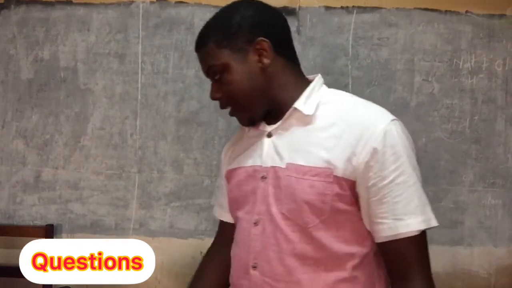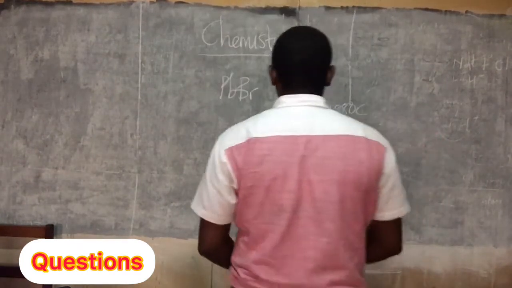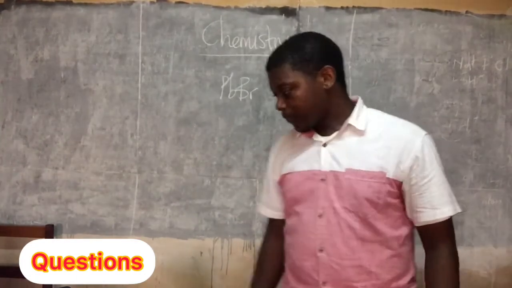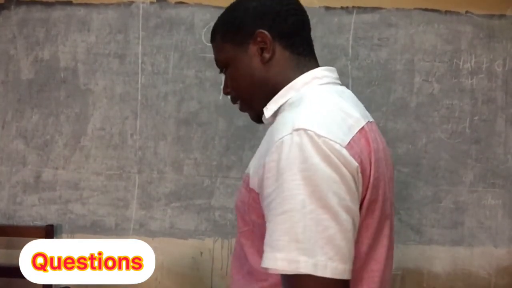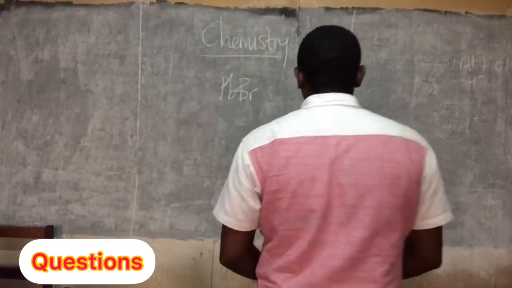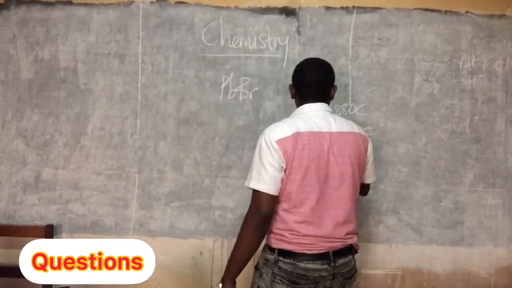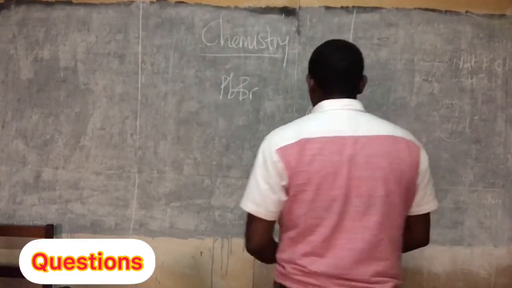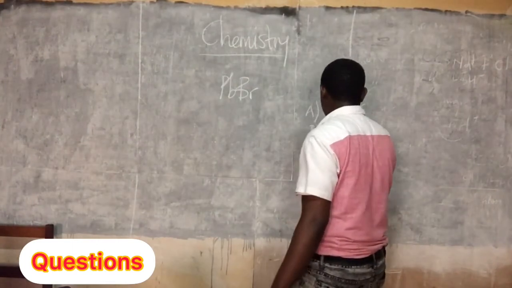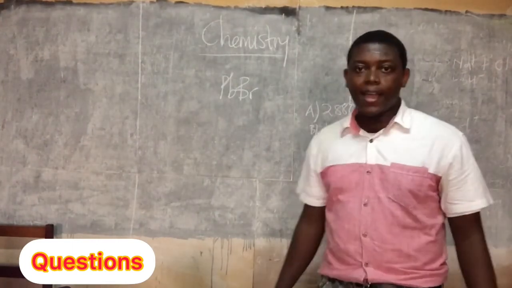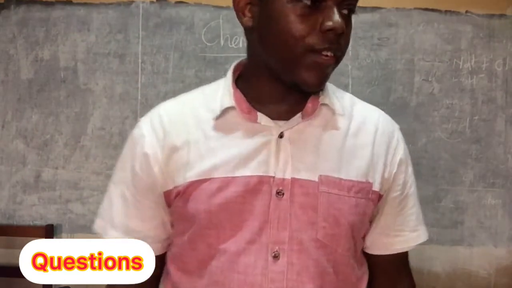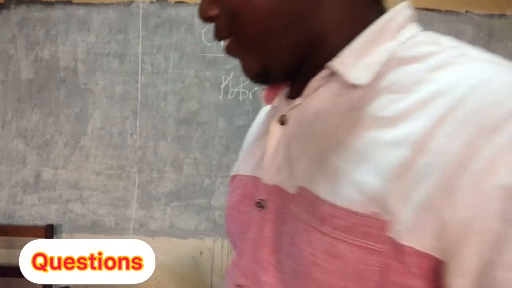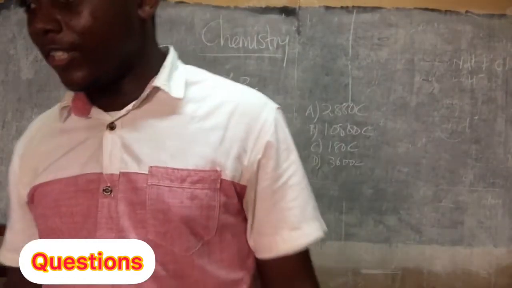B. 10,800 coulombs. C. 180 coulombs. D. 3,600 coulombs. So try that very fast in your books and give me the answer.